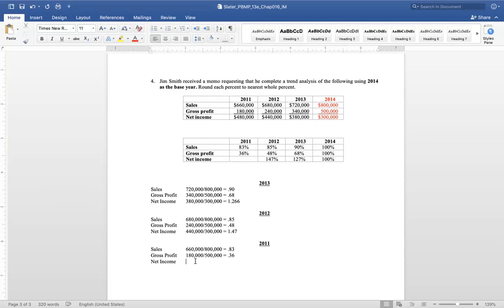Then net income, $480,000 to the $300,000. You see again, this year's amount was larger than the base amount, so we would have over 100%. Make sure when you're calculating these that you're using the base year and the proper line. So sales to sales each year, gross profit to gross profit each year, net income to net income each year.